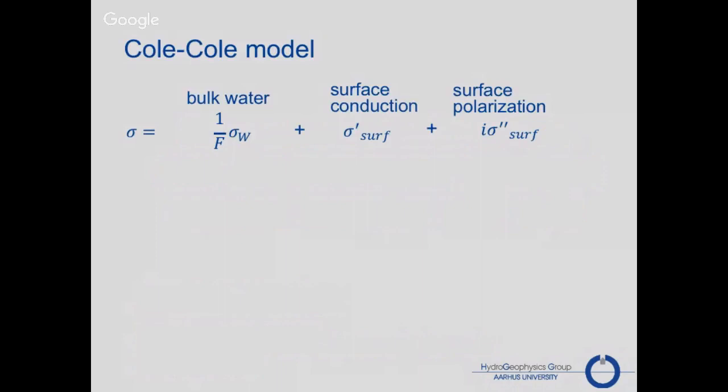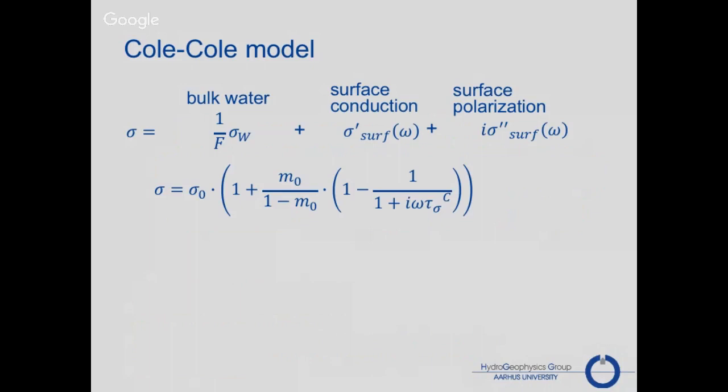A classical way of describing the total conductivity of the medium is to think of it in terms of a parallel of the bulk conduction and the surface conduction, the real part, and then the imaginary part of the conduction is our polarization. This is often how you write your equation in an extended Archie's law. And the problem is that these are also frequency dependent.